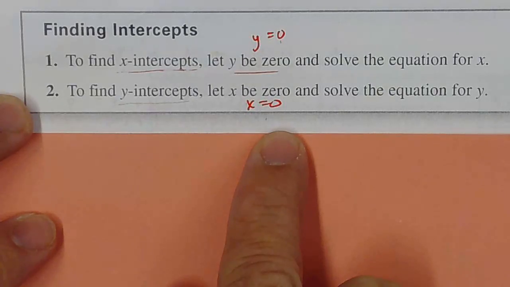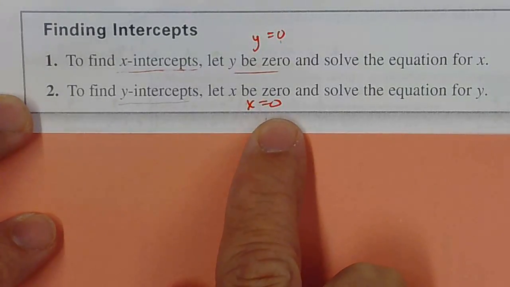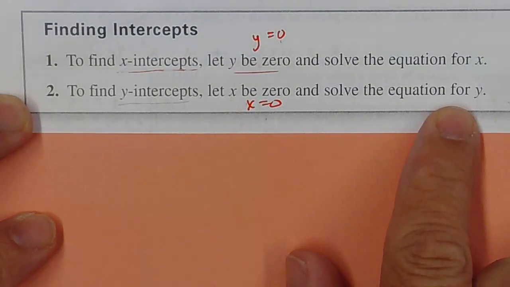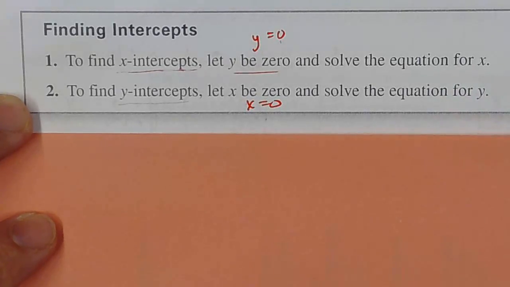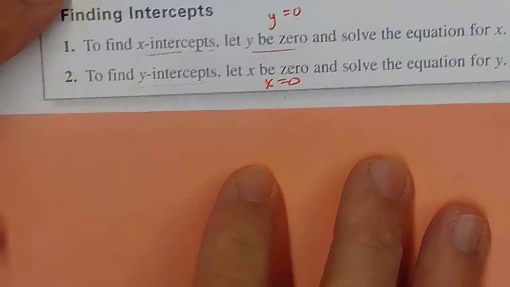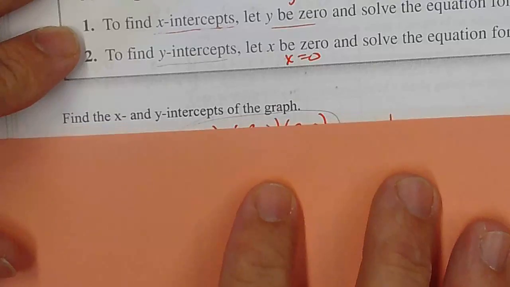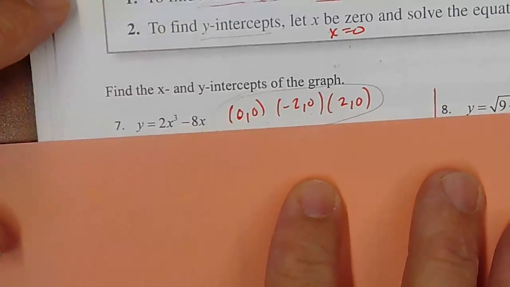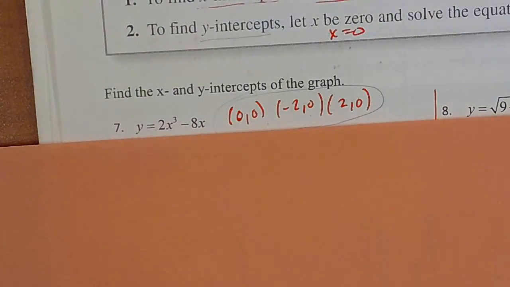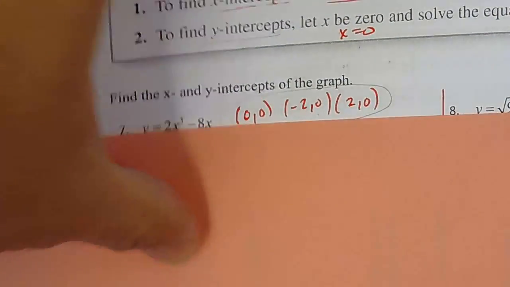We're replacing x with 0. And then we got to do the algebra. And that's why we reviewed Algebra 2 before we started, as you're about to see. Okay, let me walk you through this from scratch. I'm going to take you through 7 and 8, and you guys are going to try 9 and 10 here.